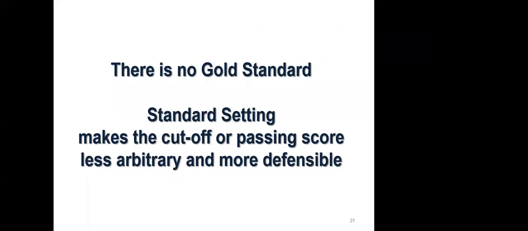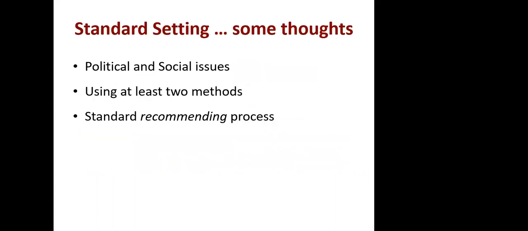Having said that, there is no gold standard. I know at least a few of you would be very disappointed. However, we know it's a science, it's a process to make your passing score less arbitrary and more defensible, more credible. And that is why some further thoughts.